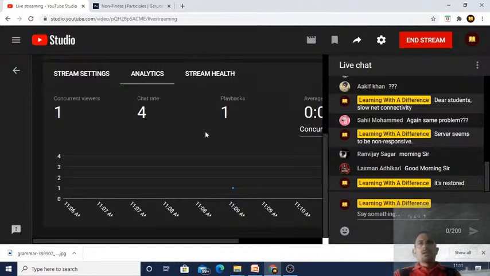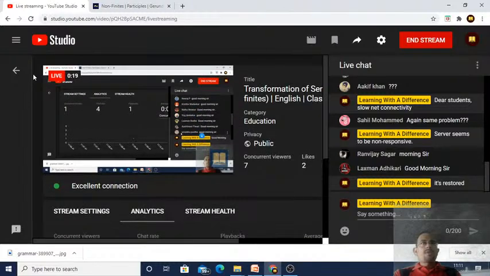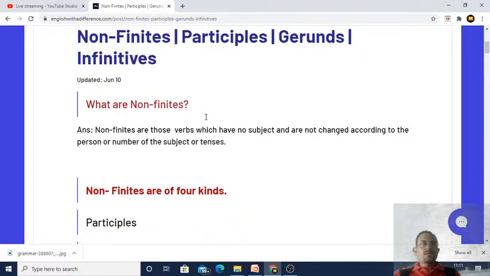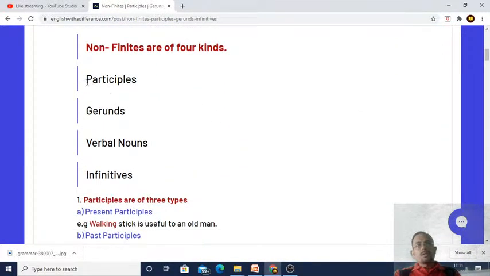Laxman, good morning. So, dear students, I would like to take feedback from you regarding our progress in this lesson. Please tell me, did I finish the present participle part? Please text me from which particular part I should begin today.